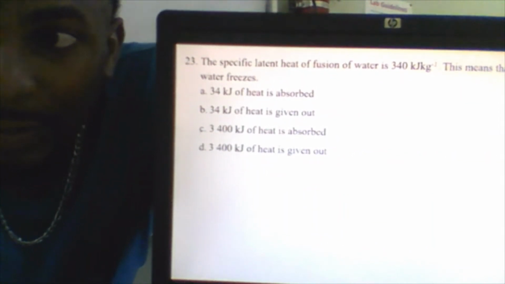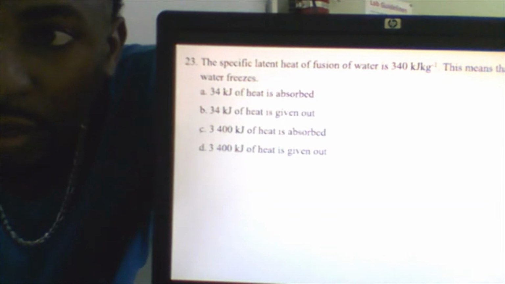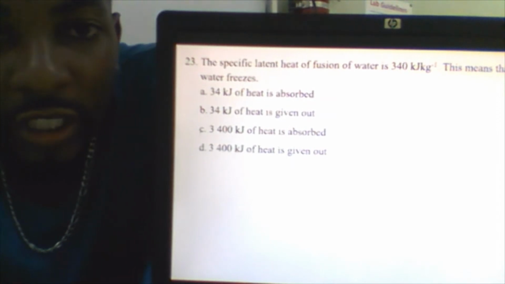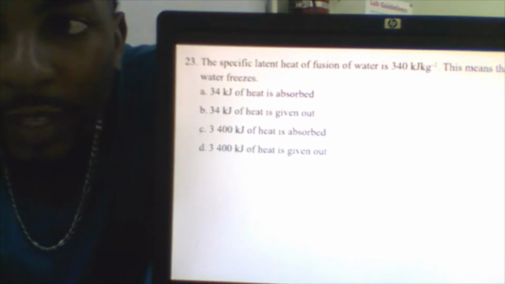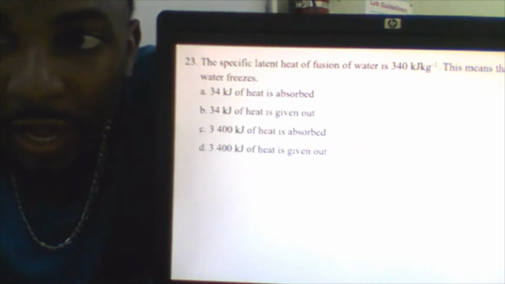23, the specific latent heat of fusion of water is 340 kilojoules per kilogram. This means that when 10 grams of water freezes, so we want to know what happens here. So specific latent heat of fusion in this case is changing from a solid state to a liquid state, for one unit of mass.